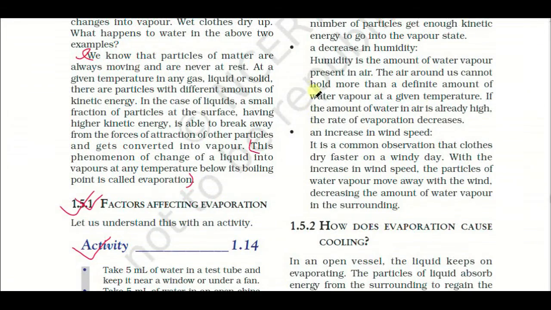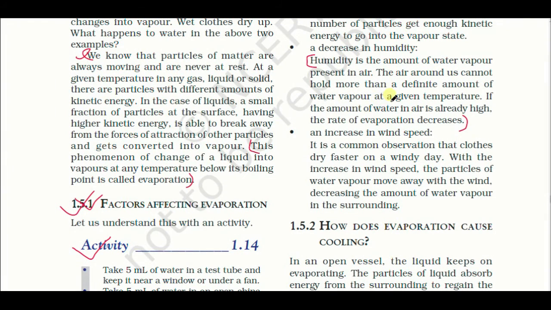A decrease in humidity. Humidity means the presence of moisture in the air. Humidity is the amount of water vapor present in the air. The air around us cannot hold more than a definite amount of water vapor at a given temperature. If the amount of water in the air is already high, then the rate of evaporation decreases. That means our atmosphere can hold a certain amount of water vapor.